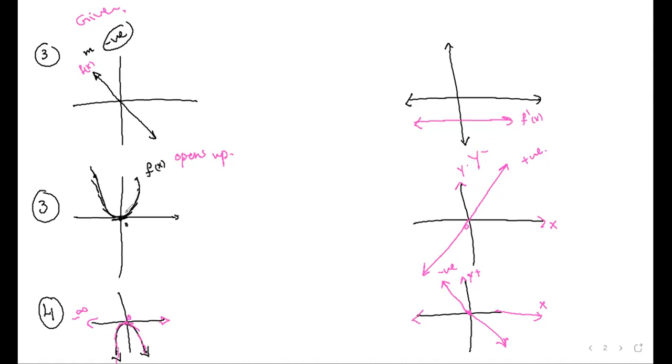If it is a quadratic function that opens up, its derivative is represented by a line with positive slope, as you see. And if it is a quadratic function that opens down, that is the graph of the given function, f of x, and that is the graph of f prime of x. Here it is represented by a line with negative slope.